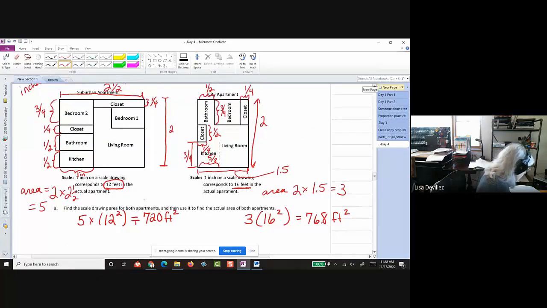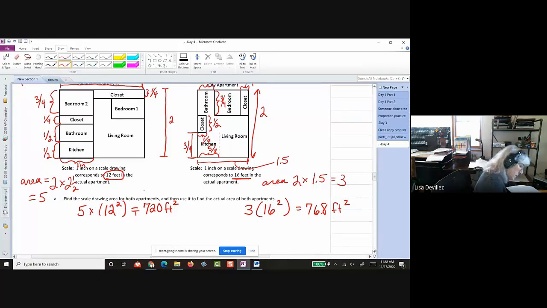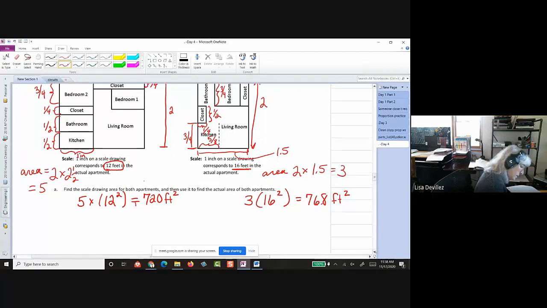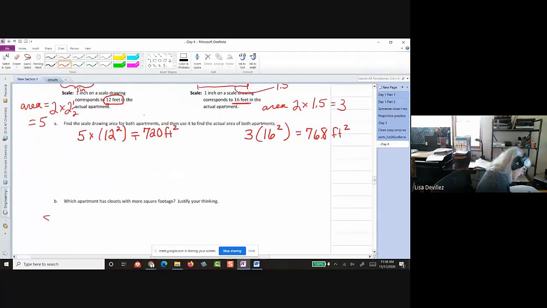Okay, so what have we got? A closet. It has 2 closets. So, all right, let's look at the suburban one. For the suburban one, we'll say closet 1 and closet 2 because it has 2 of them.